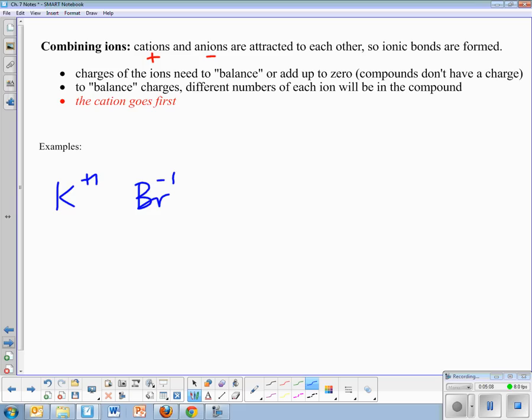Our charges need to balance out, so you could think of this as them adding up to 0. A +1 and a -1, when you add them up, you get 0. So what that means is you need one of each of these to write your formula. One potassium and one bromine, when they combine, their charges add up to 0. So your formula is KBr. One of each. We don't write ones. We just leave nothing written.